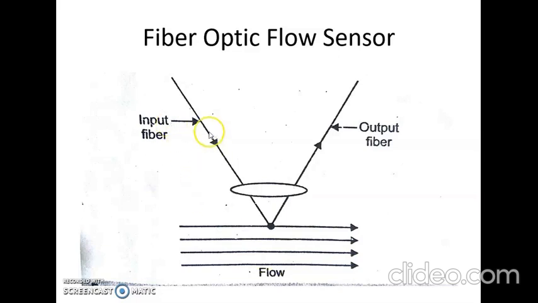The input optical fiber carries light which is focused on the fluid flow. The output fiber carries the light scattered by the particles in the flowing liquid, and the particle velocity is found from the modulated frequency spectrum.